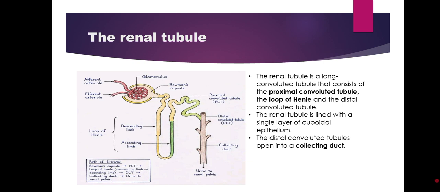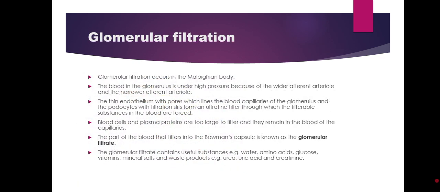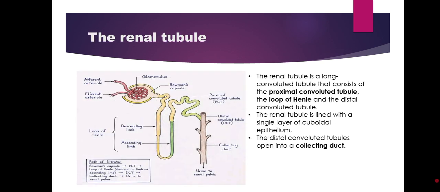Now we're going to go to the renal tubule, right? When we talk about the renal tubule, it's just the nephron without the Malpighian body. So you just remove the Malpighian body, then you have the renal tubule. Let me try and show it. Okay, guys, it seems that I can't get the pen.